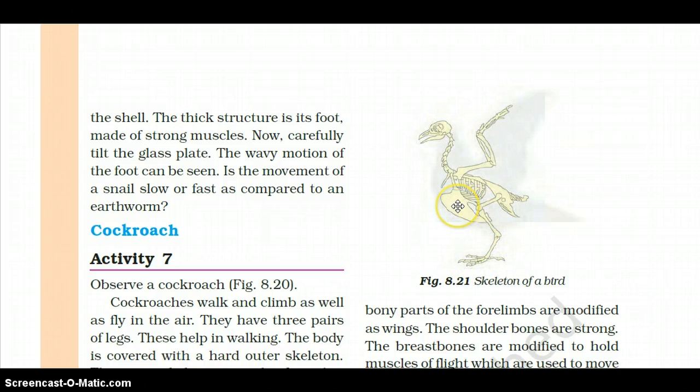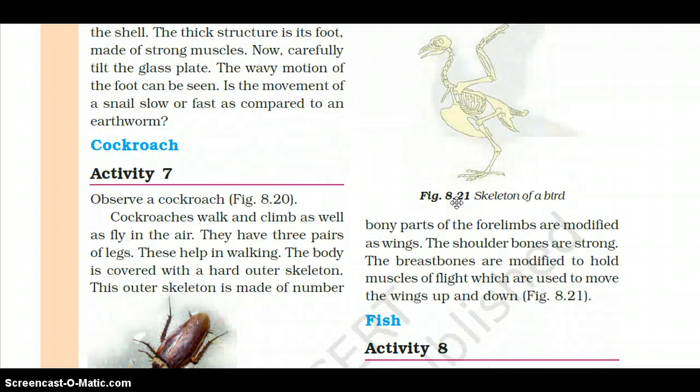They have strong breast muscles for flight. They help in pulling and pushing of the forelimbs or the wings. Now, few of the aquatic birds like the ducks and swans have webbed feet, and this helps the bird to swim.